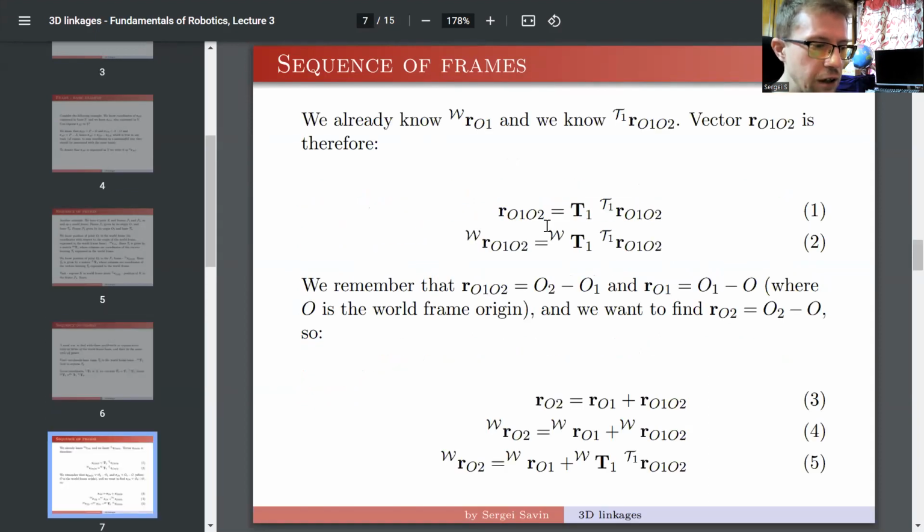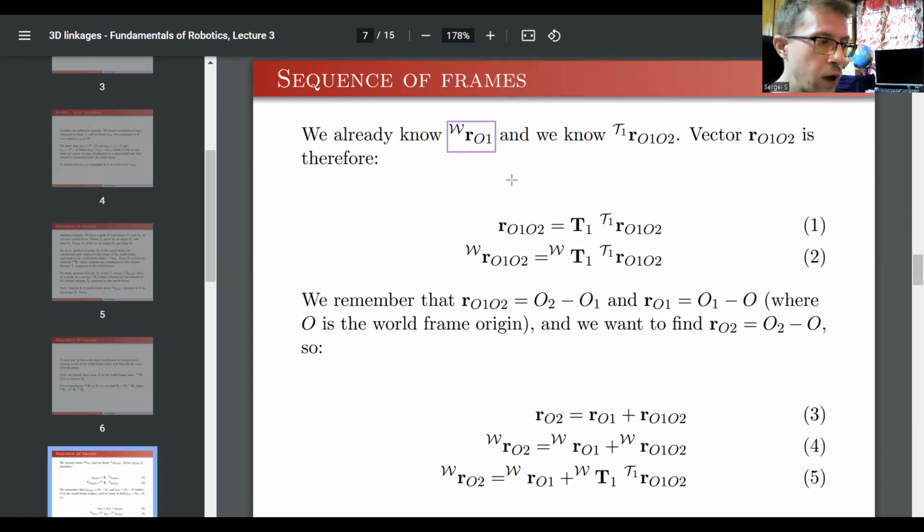What we can do now is express all vectors in the world frame. We already know what the position of point O1 in the world frame is, so the vector R01 is already expressed in the world frame.